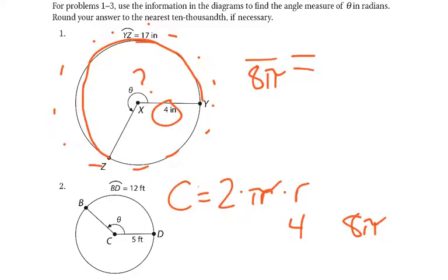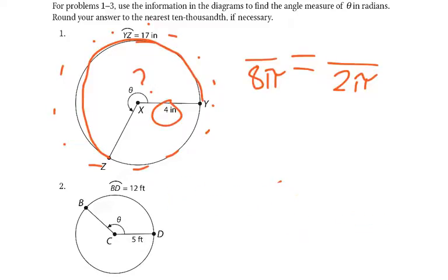Now, the total distance around in radians is 2 pi. So we have the same distance, one in inches, one in radians, of the complete circle. Now we want the pieces that we're looking for.